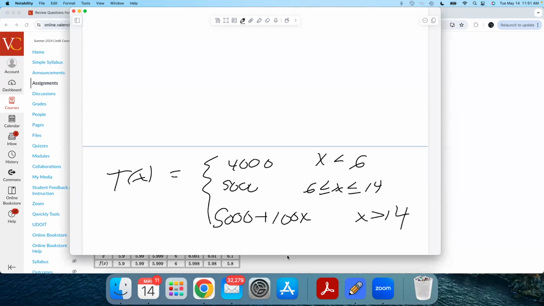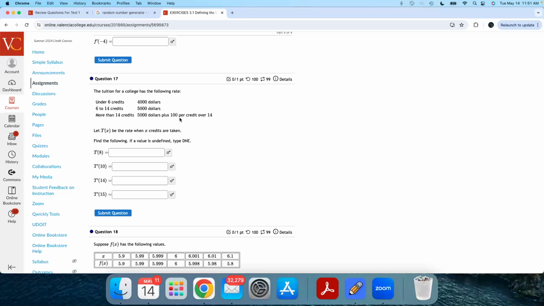I get charged $100 per credit over 14, so I need to subtract. I keep getting my 14s and my 15s. Over 14, $100 per credit over 14. So if I take 20 credits, I'm only paying the $100 on 6 credits, 15 through 20.